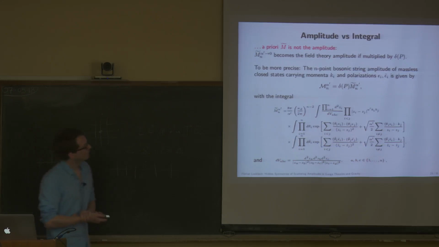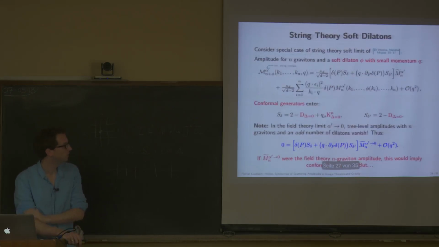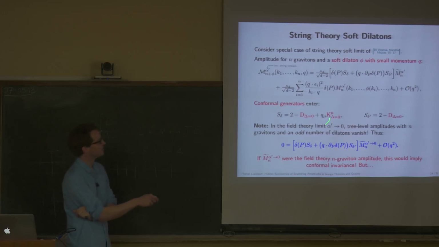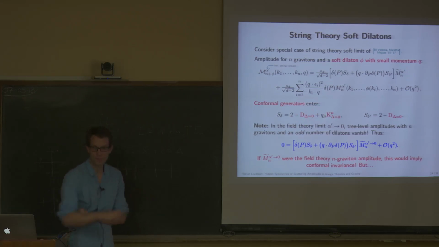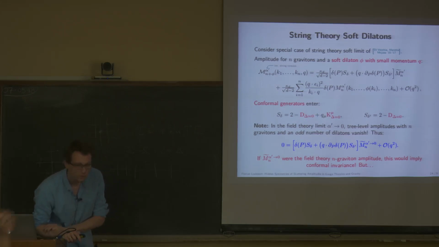However, there's a small caveat with this M twiddle. Since I expand this in q, and it should hold for arbitrary q, in principle this should also predict invariance under the dilatation operator and the special conformal generator separately, if this were the amplitude. Why do you say it should hold for arbitrary q? I thought this is a statement about expansion in q.